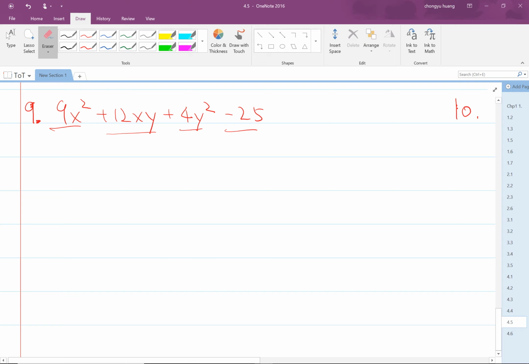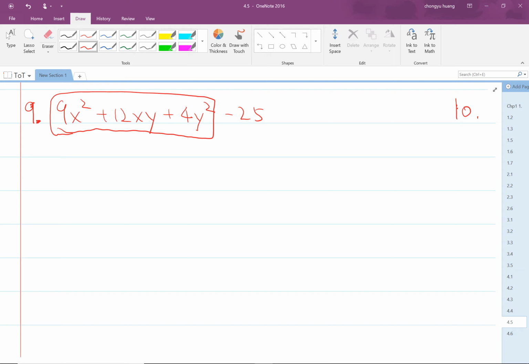So basically over here, I'm just going to tell you guys one of the strategies. The method we're going to use is you first focus on this part. If you only focus on the left-hand side, you can see we have 9x squared plus 12xy plus 4y squared.